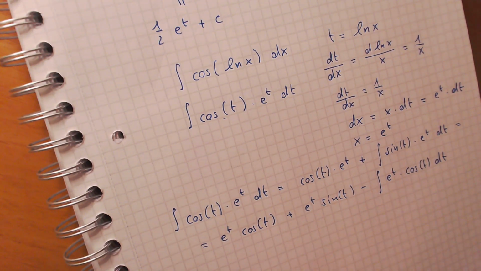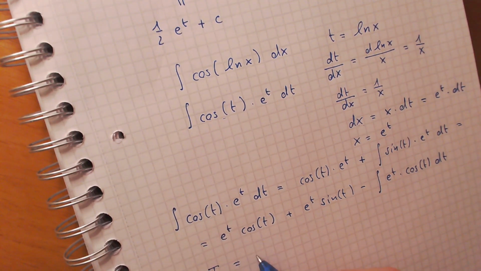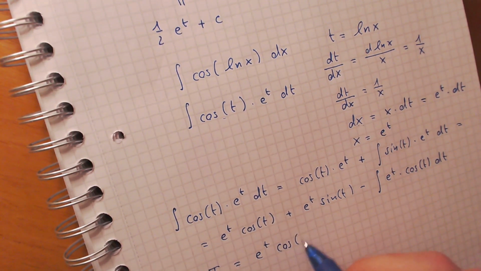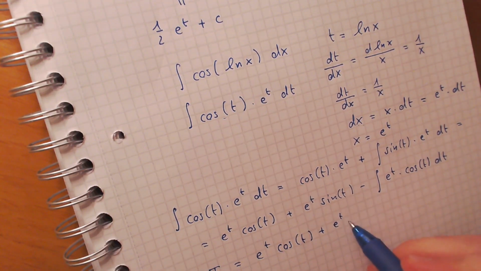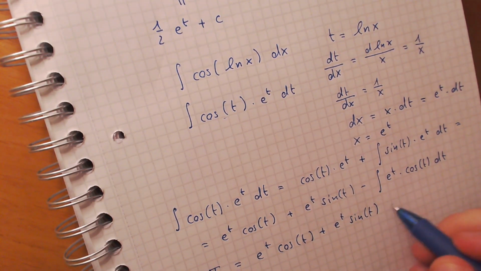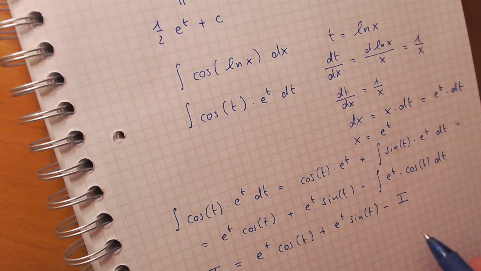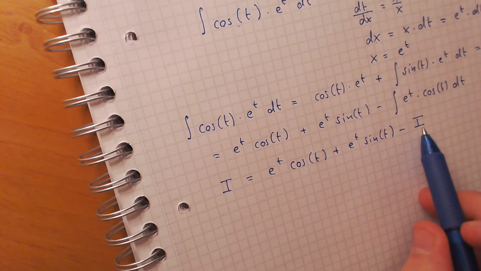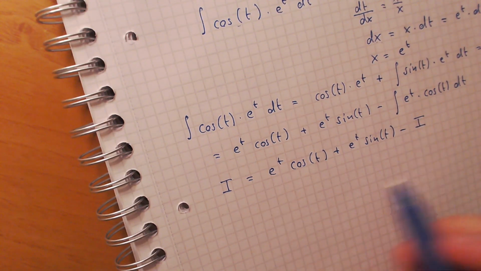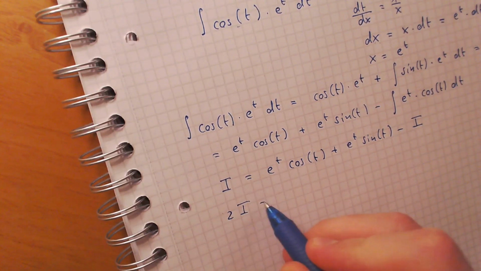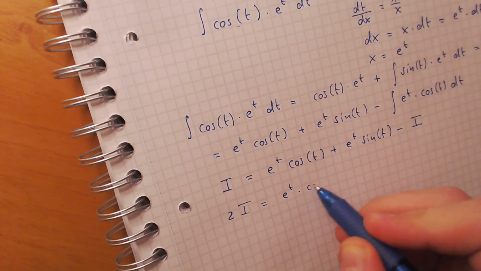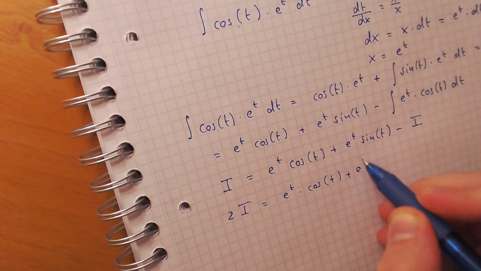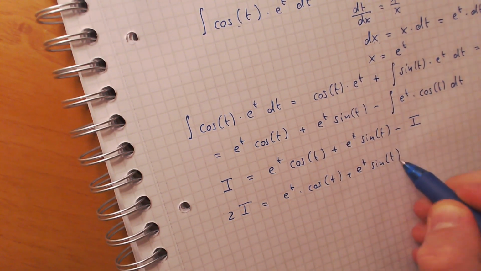So we basically can write that this integral, which we can call I, so I is e^t cosine of t plus e^t sine of t minus the integral. Okay, as we are calculating I, we can write that 2 times I is e^t times cosine of t plus e^t sine of t.